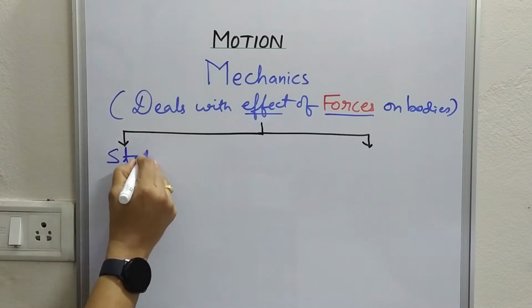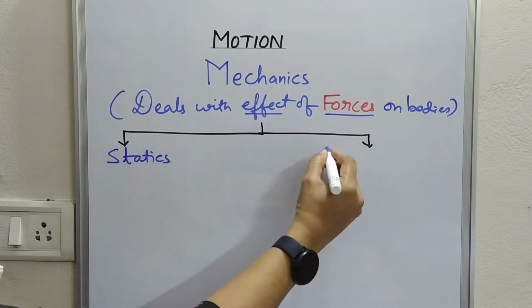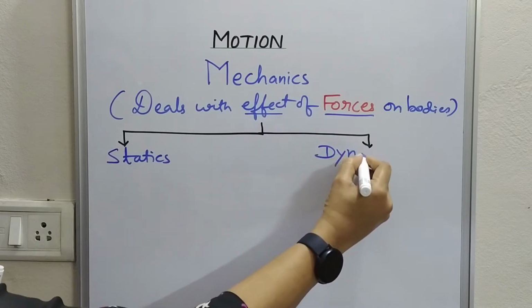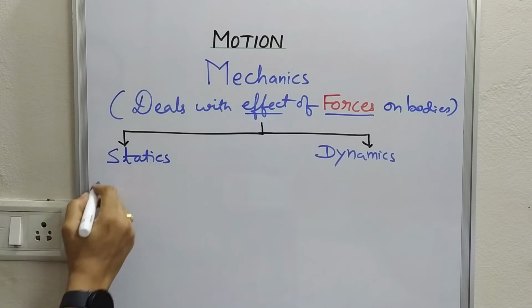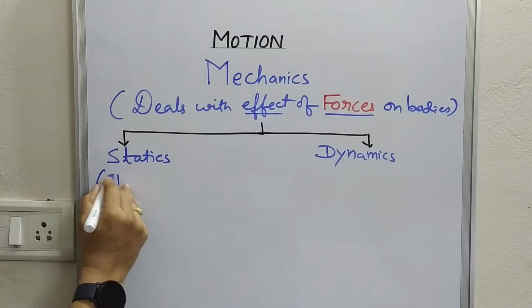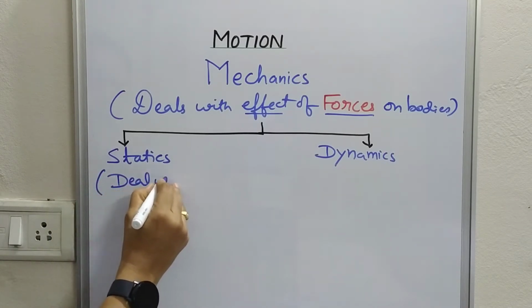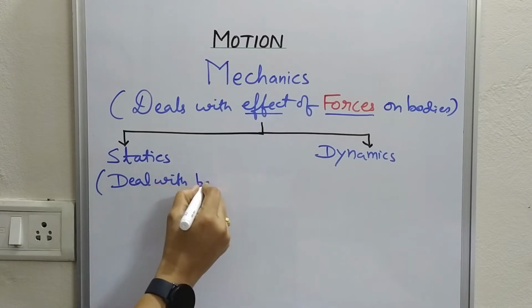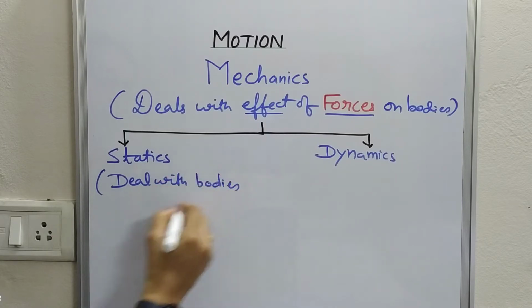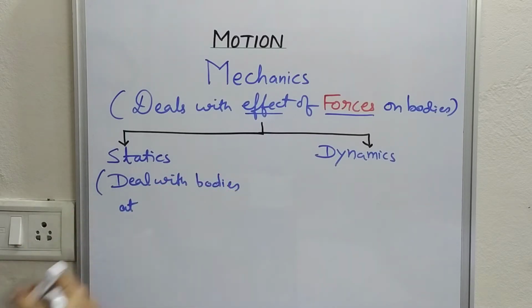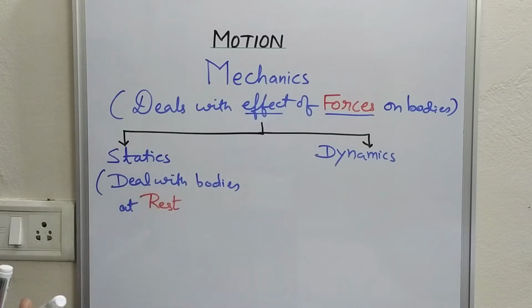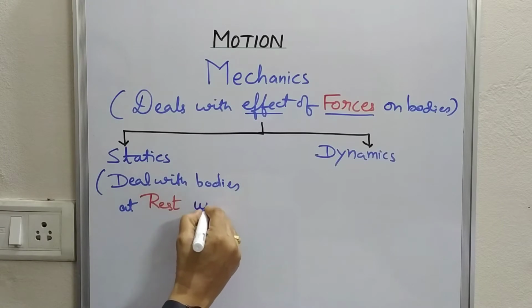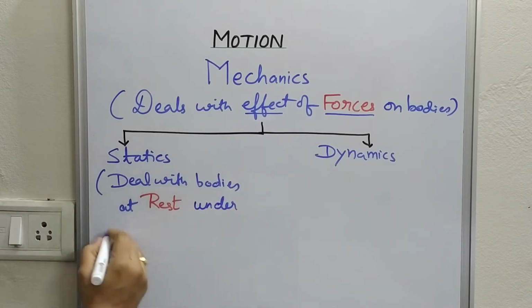Mechanics can be classified as statics and dynamics. Statics is the branch of physics that deals with bodies or objects at rest, bodies at rest under the effect of forces.